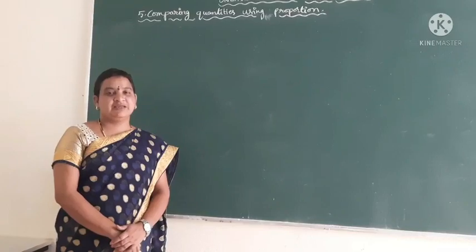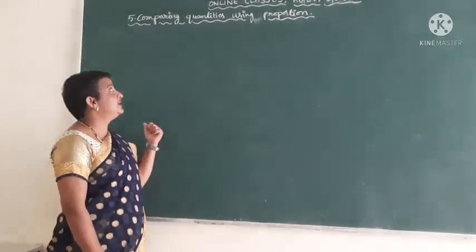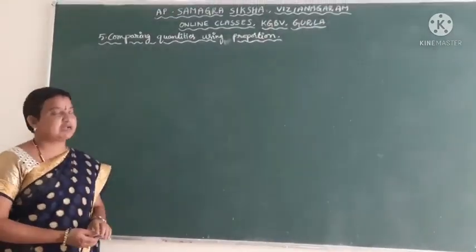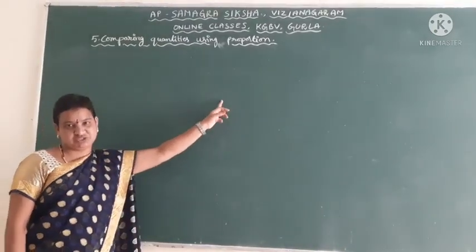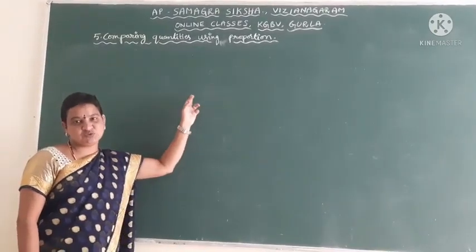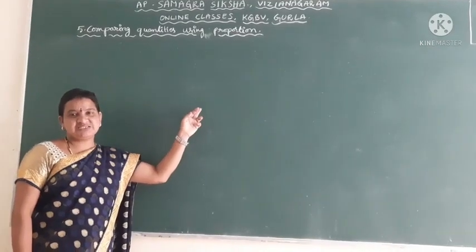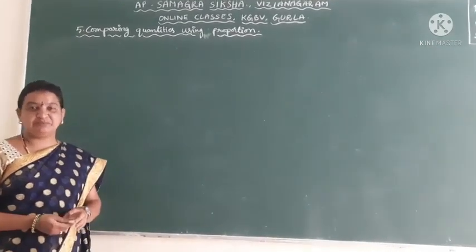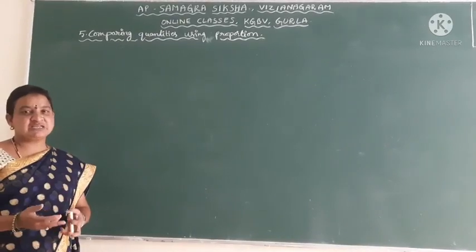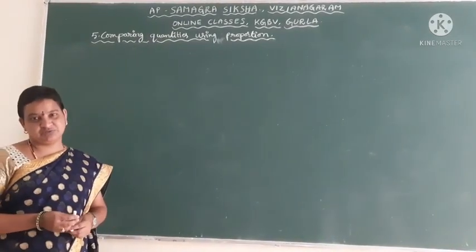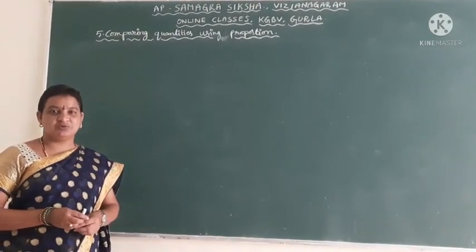Okay. Start. Today our class is 8th class, 5th chapter, comparing quantities using proportion. Before going to the class, we just recall ratio and percentages. In the previous class, you already learned about ratio. What is the ratio?